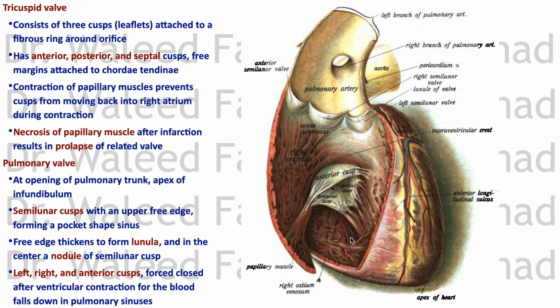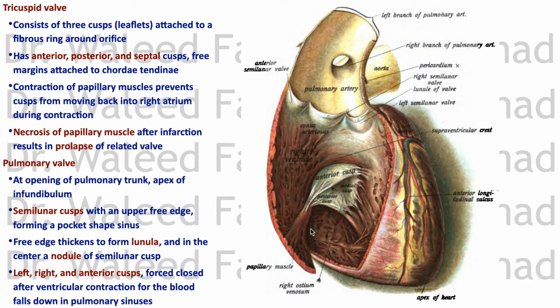Now, in case of myocardial infarction, if one of the papillary muscles becomes necrotic, of course the cusp will be without control. So it will backflow into the atrium with contraction, and this is called prolapse of the valve.